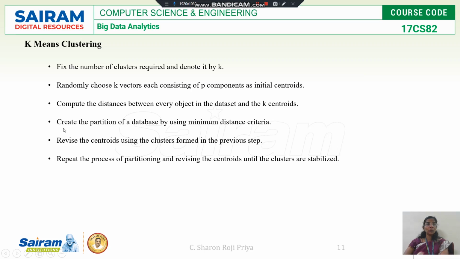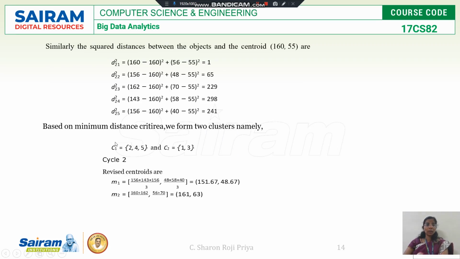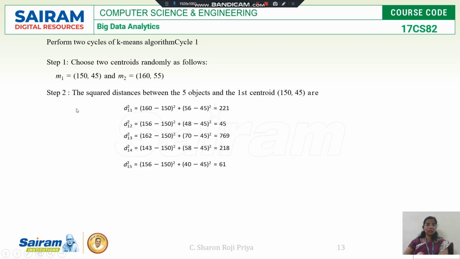Next, what we have to do: create a partition of a database by using minimum distance criteria. I have to partition my database using the minimum distance criteria. That is my next step. So you have to compare both the distances.